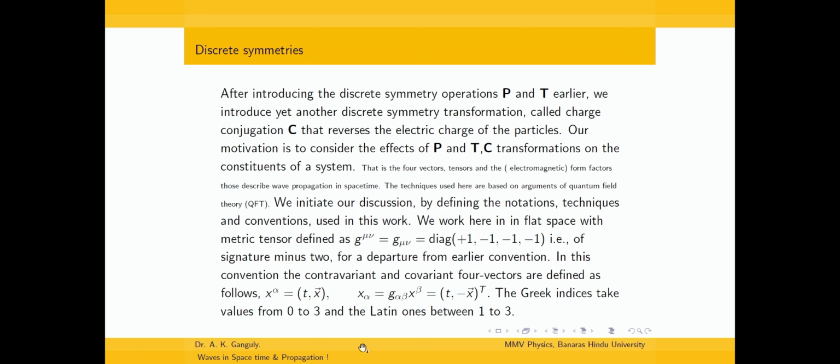So, P has its diagonal entries as +1, -1, -1, -1, and the time reversal transformation matrix is now -1 and the rest of them are +1 on the diagonal. Off-diagonal elements are 0 for both the cases. This is the departure from what we already had seen earlier.